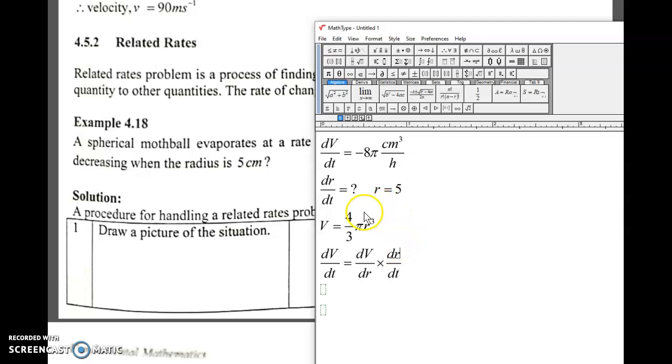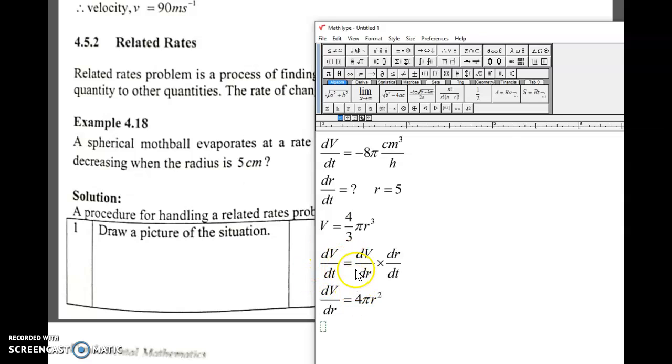So let's look back. What information do we have now? We have dV over dt, check. Do we have dV over dr? Not yet. dr over dt, that is what we want to look at. So now, what information are we able to find here? We have this formula, which gives dV over dr if we differentiate. So let's do that. There you have it. Now we do have the information of dV/dr and dV/dt.